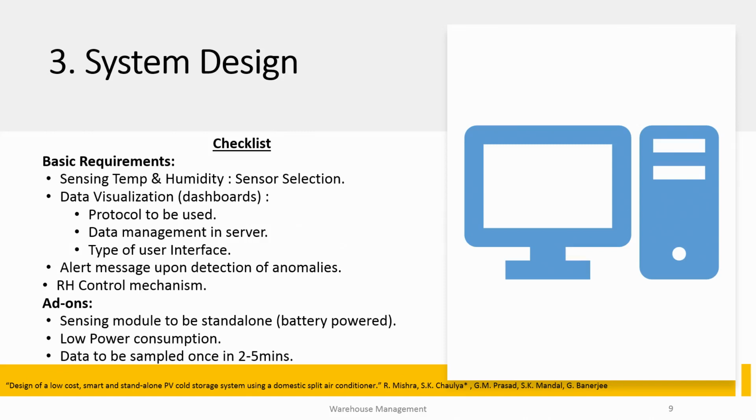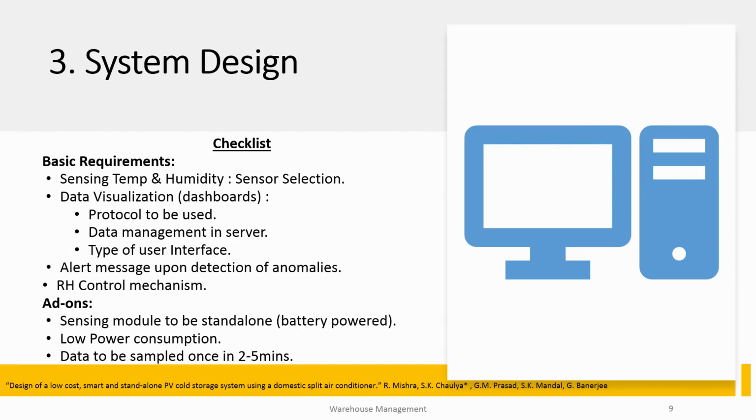Are you going to put it into a database so that it can be queried easily, how much of the data will have to be stored, should you compress it and so on? All those actions on the server side will have to be looked at as well. And what is the type of user interface, are you going to get everything on a laptop, a computer or a mobile phone? That also will have to be planned out right in the beginning.